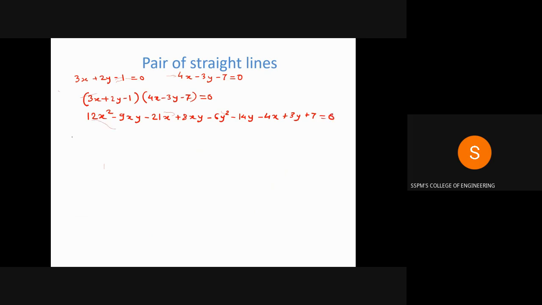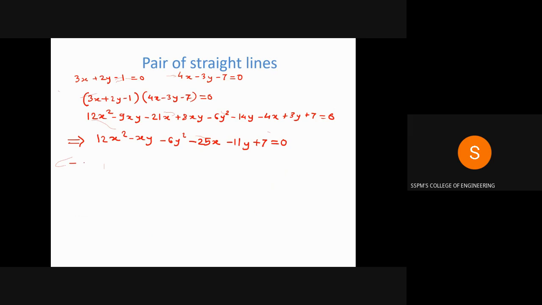If we simplify this, we will get 12x square minus xy minus 6y square minus 25x minus 11y plus 7 is equal to 0.